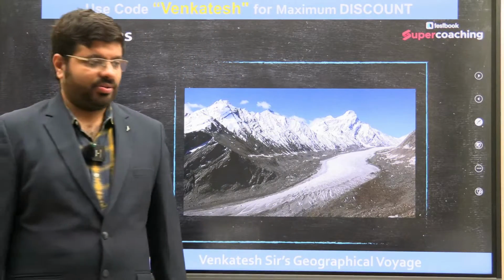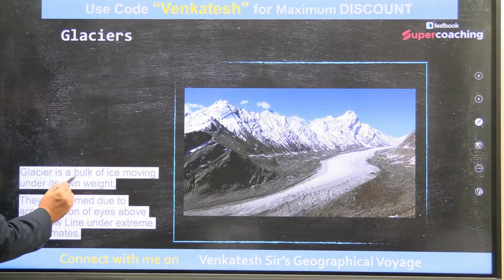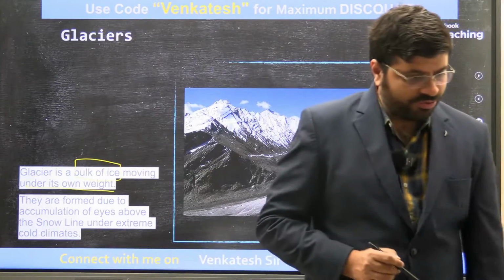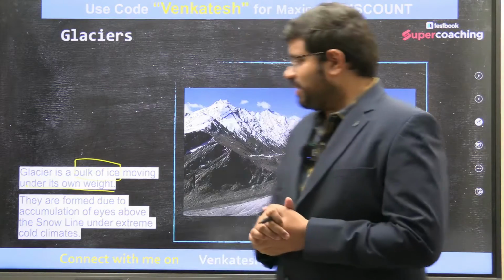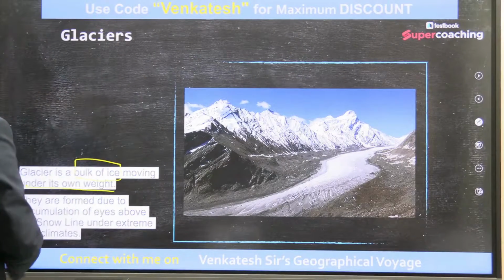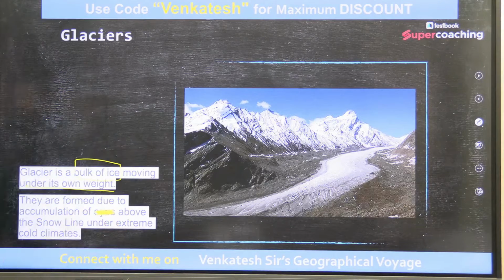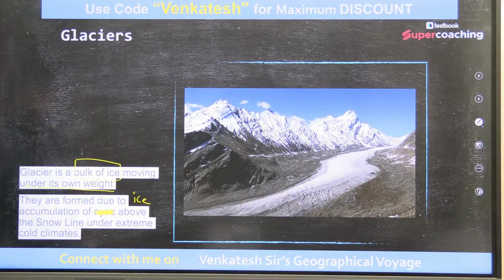You can see it's nothing but ice. A glacier is a bulk of ice moving under its own weight, so it's like an ice-flowing river. It is formed due to the accumulation of ice above the snow line under extreme cold climates.